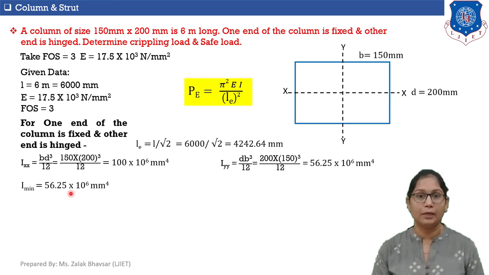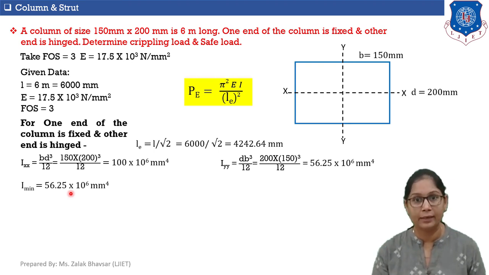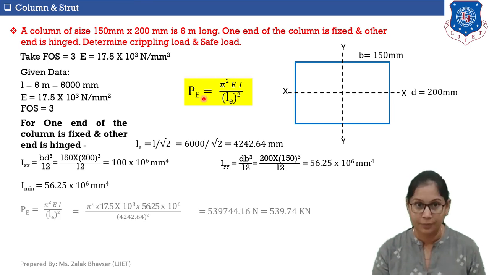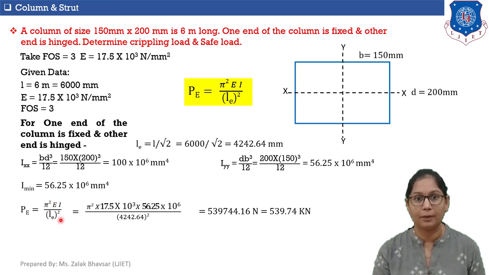Now let's put the values of LE, I and E in equation PE, so we will get the crippling load. Crippling load PE is equal to pi square EI upon LE square. Here the value of E which is given is 17.5 into 10 raised to 3. The value of I that we calculated is 56.25 into 10 raised to 6. LE we calculated it is 4242.64.